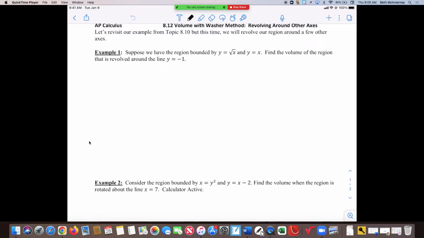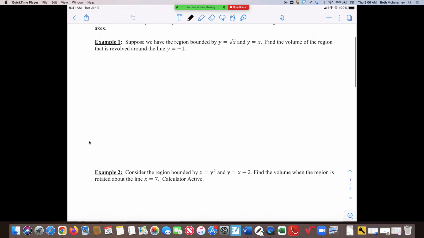So here's example 1, and both of these are calculator active, so grab your calculators. It says, suppose we have the region bounded by y equals the square root of x and y equals x. Find the volume of the region that is revolved around the line y equals -1. I'm going to give you 2 or 3 minutes head start.